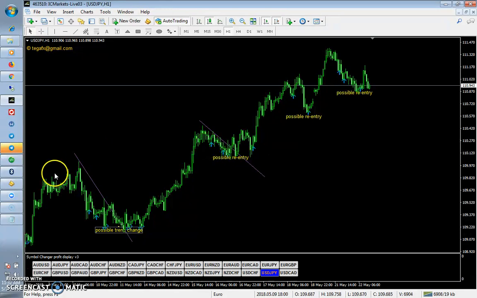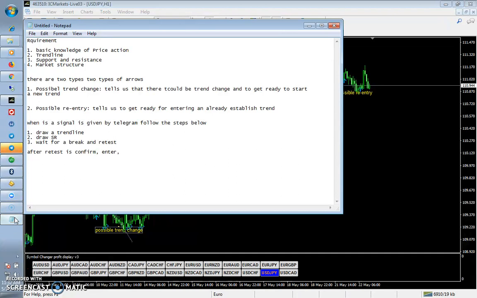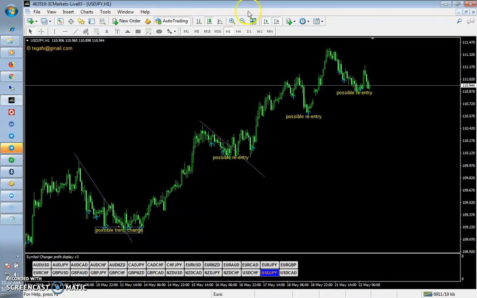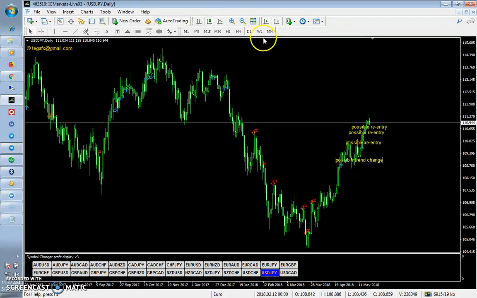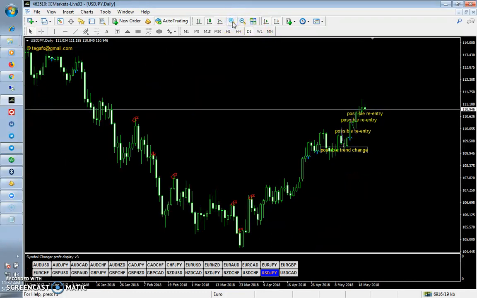Now I said apart from drawing your trend line, you draw your support and resistance. I normally use the 1 hour time frame. So look at this.